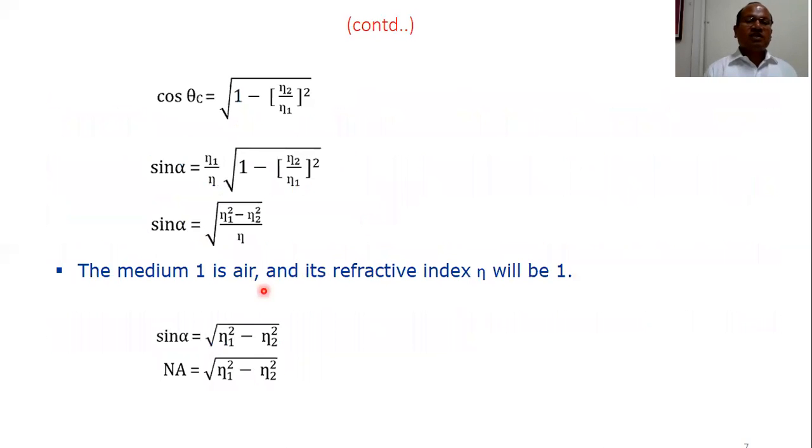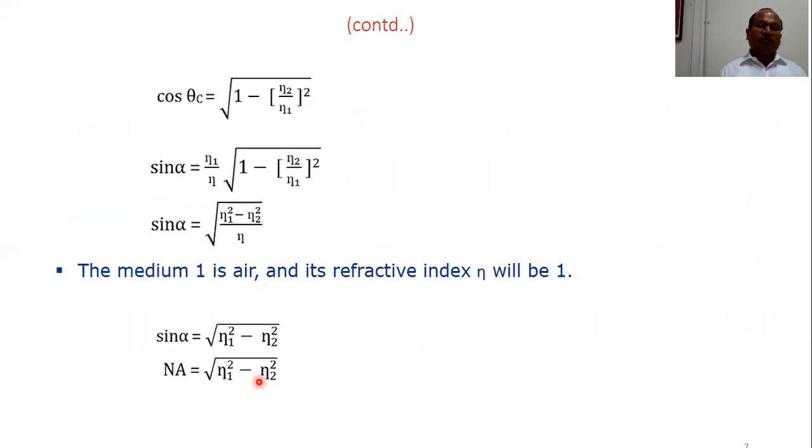You can see the expression here: n1 square minus n2 square. Actually, it's not just the difference, because n1 square minus n2 square can further be written as n1 plus n2 into n1 minus n2. So when will the numerical aperture be high? We can say n1 is very high, n2 is low.